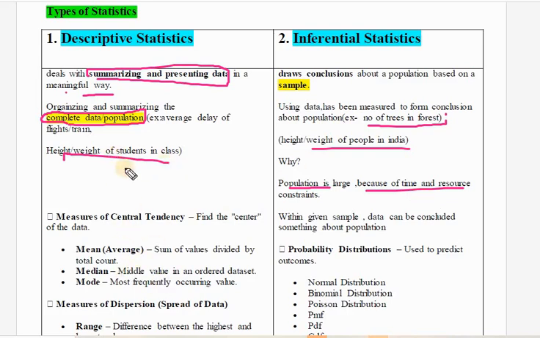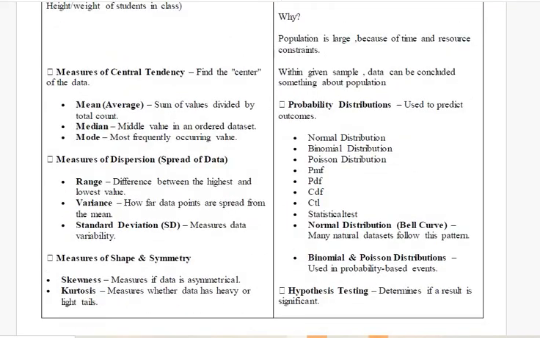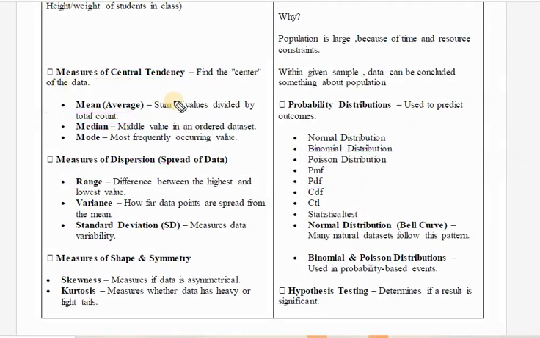What are the methods of descriptive statistics? Measures of central tendency and measures of dispersion, which we will study in further videos. In inferential statistics, we have probability distributions, normal distributions, binomial and Poisson distributions. These terminologies might look new if you are watching these concepts for the first time.